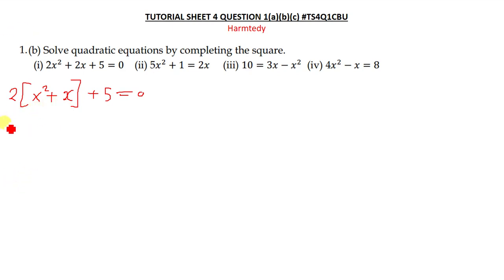So again here what you do is you now complete the square of this part. How? By finding half of that.